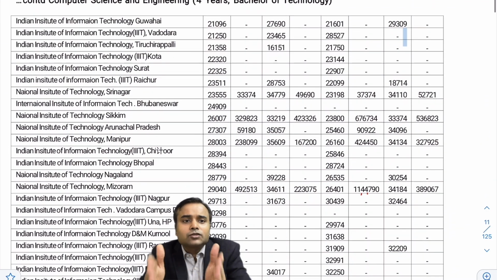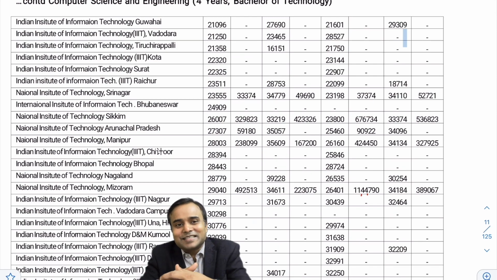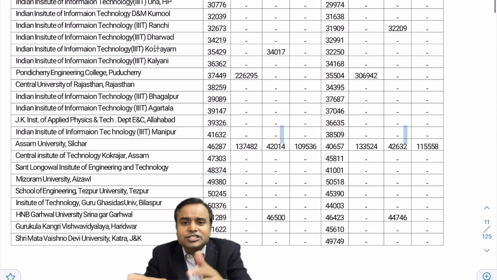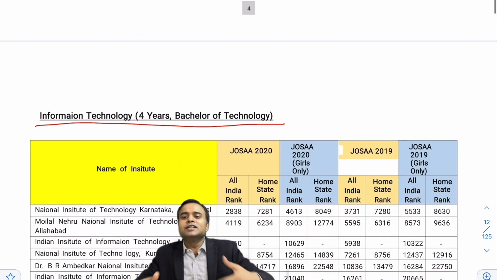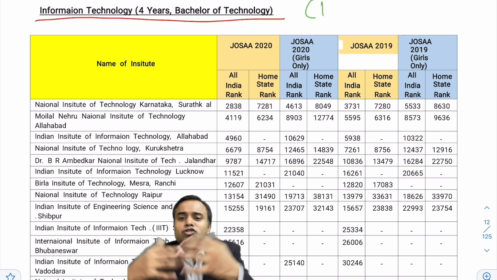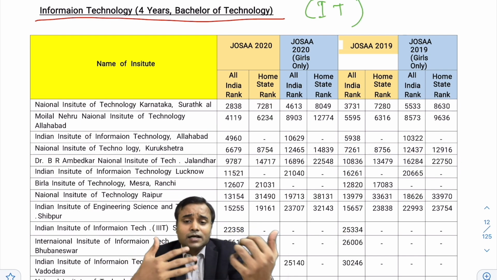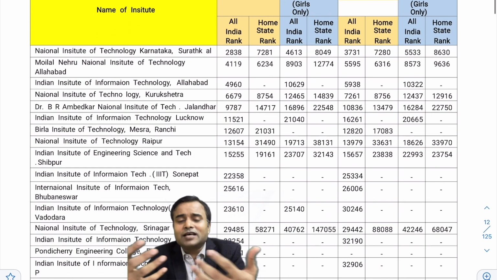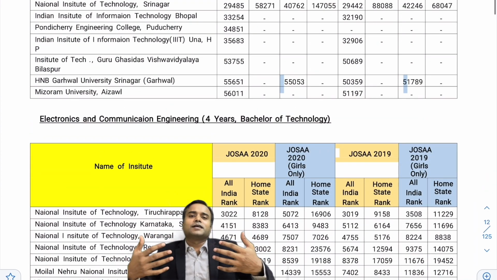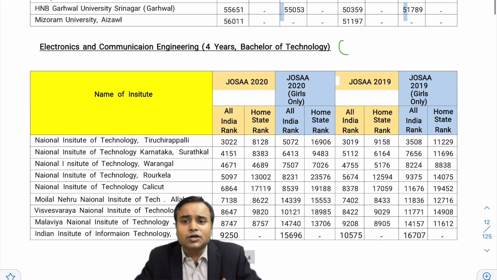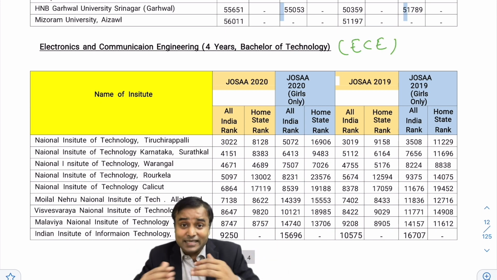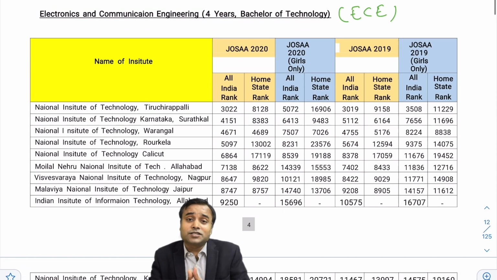You can see I'm displaying the data of computer science and engineering. You can pause and see the data of each and every college, because so many colleges are there. Information technology, also called IT, is similar to computer science in many things, so sometimes students who didn't get computer science also opt for IT. After that, ECE, electronics and communication engineering.